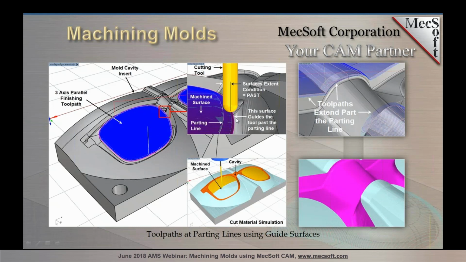So with this guide surface displayed, and we select the surface here on the part as your control geometry, and we set the end condition to past, which means the tool is going to go past the parting line, and with that surface displayed, it has a place for that tool to ride as it goes past. So you're getting a nice clean movement from the parting surface, past the parting line, onto the guide surface. And that's what you want when you cut the parting lines in the X and the Y.